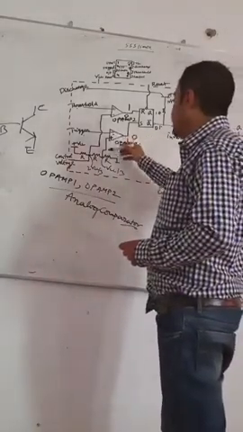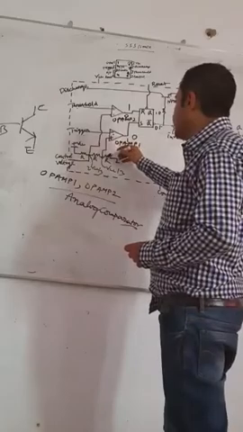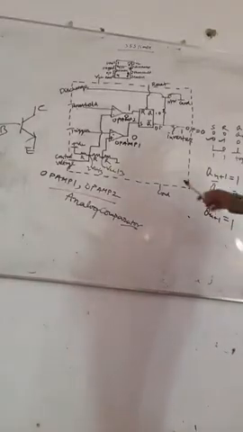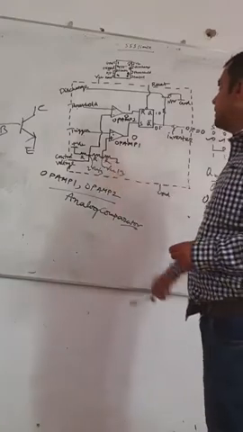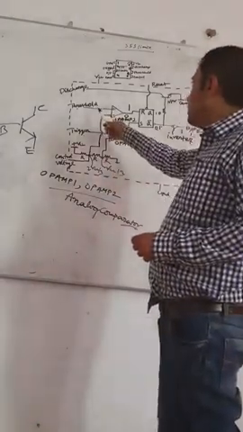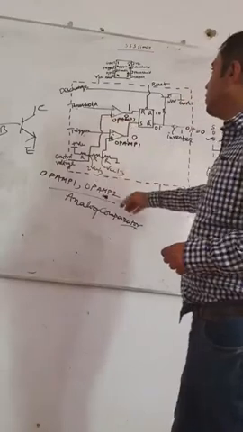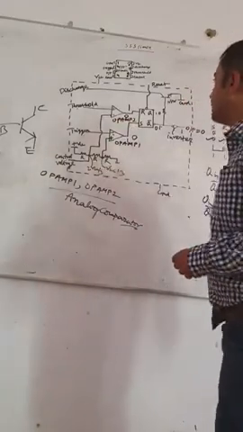Cycle number 1: comparison between the trigger voltage and VCC by 3, and comparison between the threshold voltage and 2 VCC by 3.